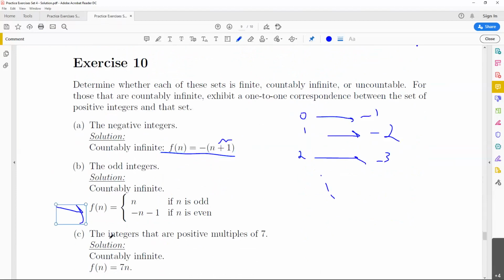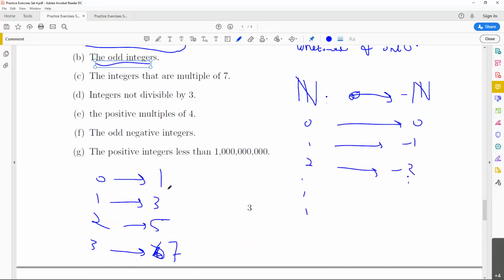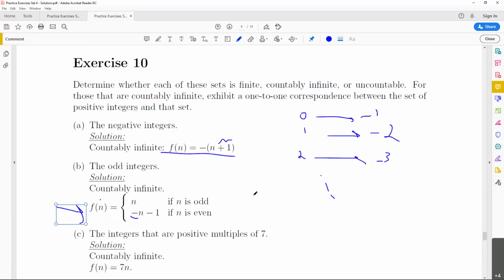And there it is. Sorry, yeah, that's correct, the odd integers. Because they said odd integers, so the odd integer could either be negative or positive. What I did was for the positive odd integers. But integers could be negative or positive.